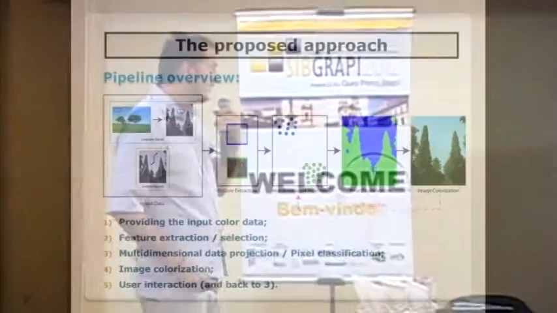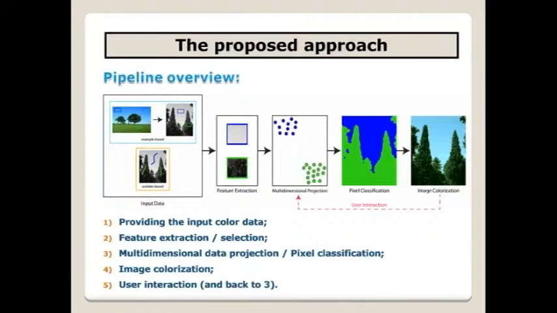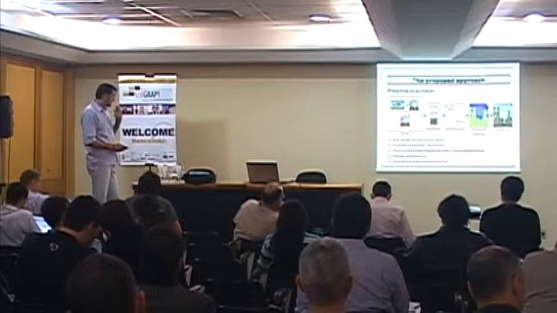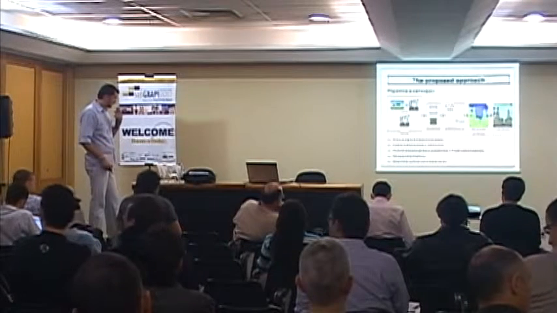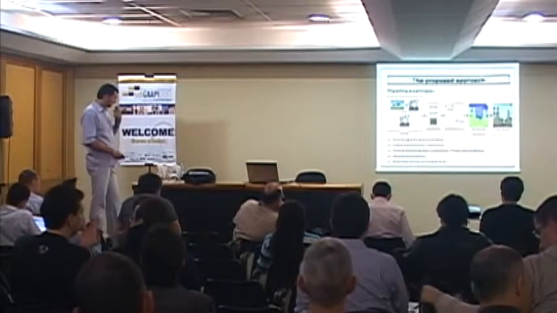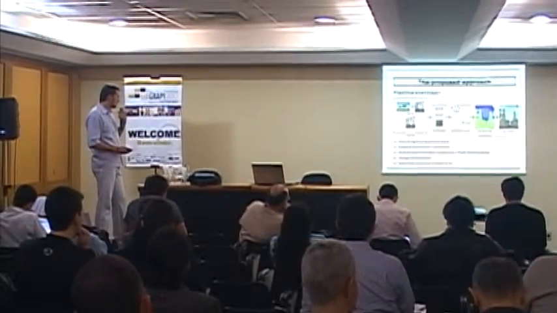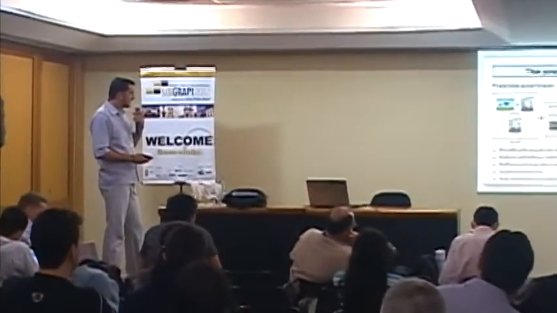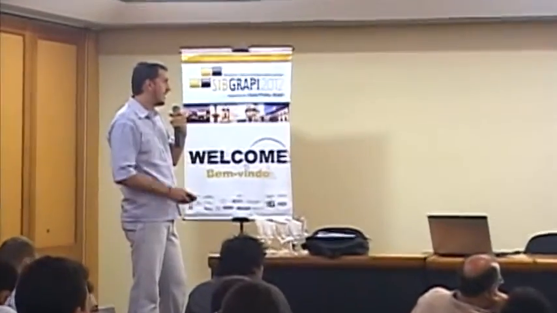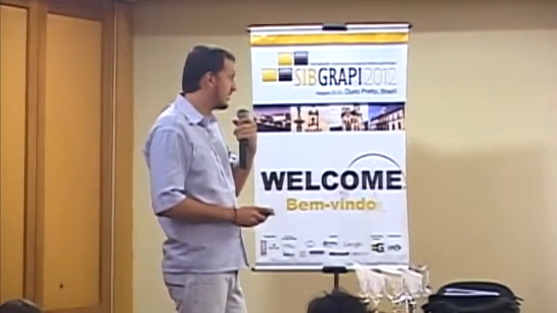Okay, the pipeline of our work. First, the user must provide the input color data. Feature extraction and feature selection must be applied in order to generate a feature space in a high dimension.